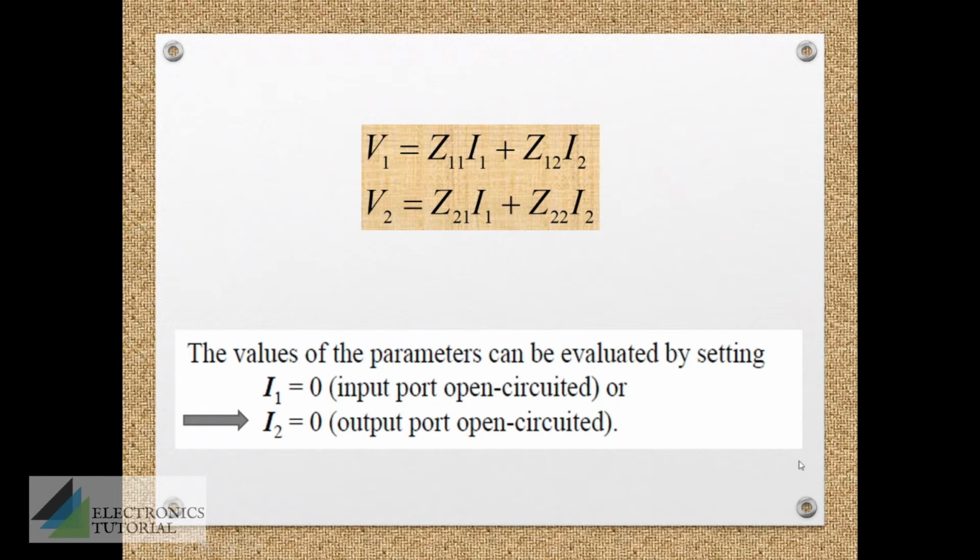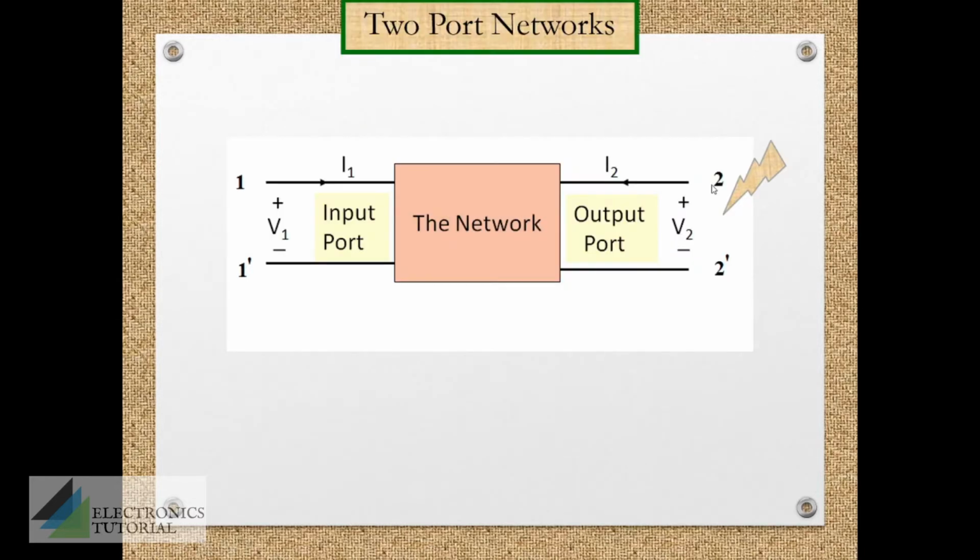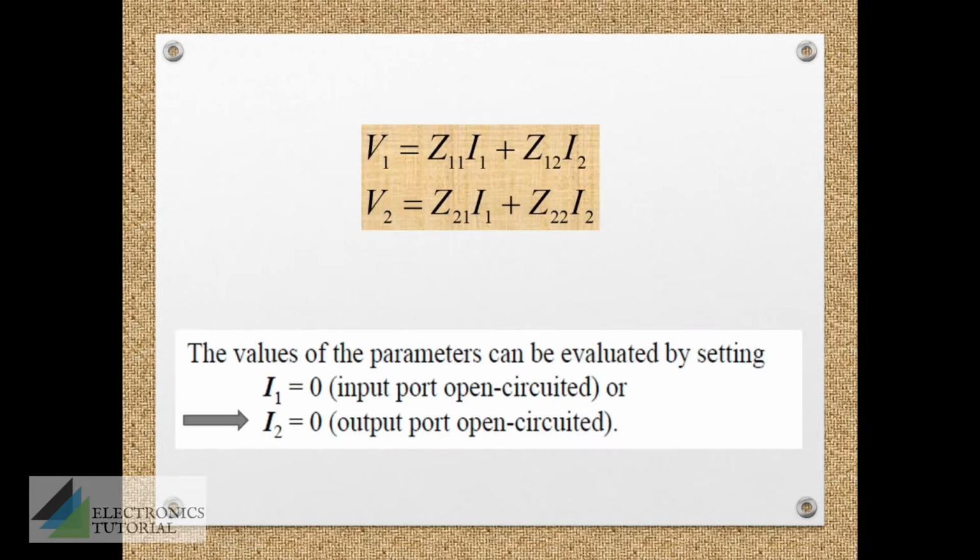Keep one thing in mind. If a terminal is open circuited, there is no path for the current. As we have open circuited the output port, the current I2 will not find any complete path to flow through. Thus, I2 becomes 0. By considering this point, it is obvious that there occurs some changes for these equations.